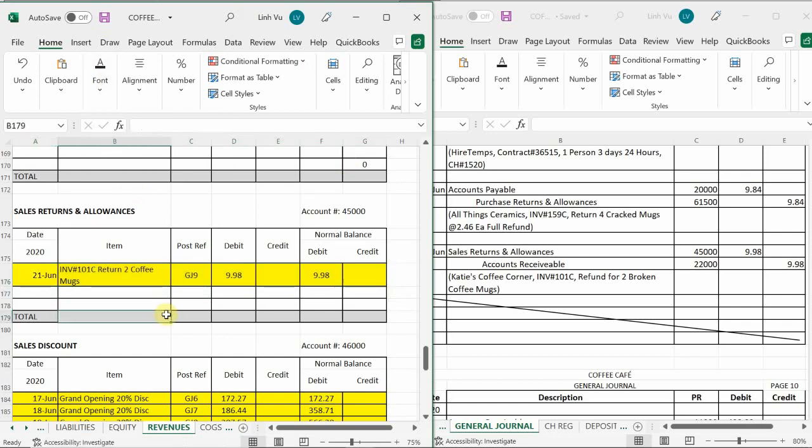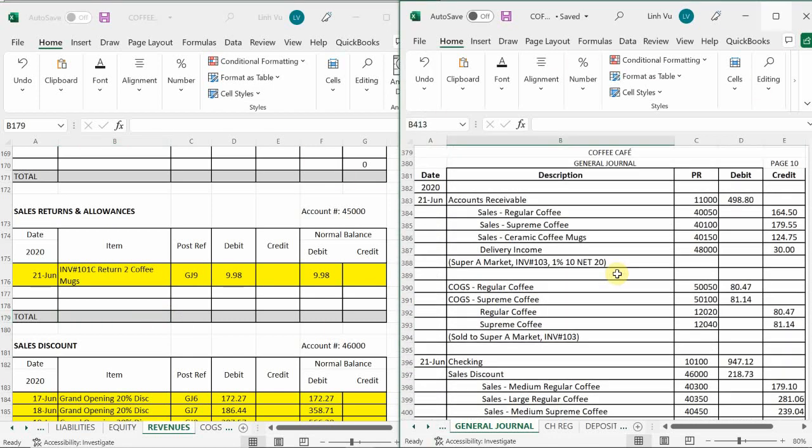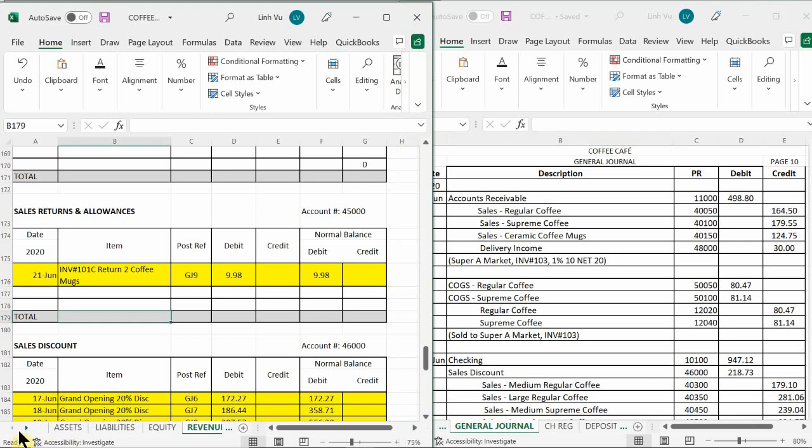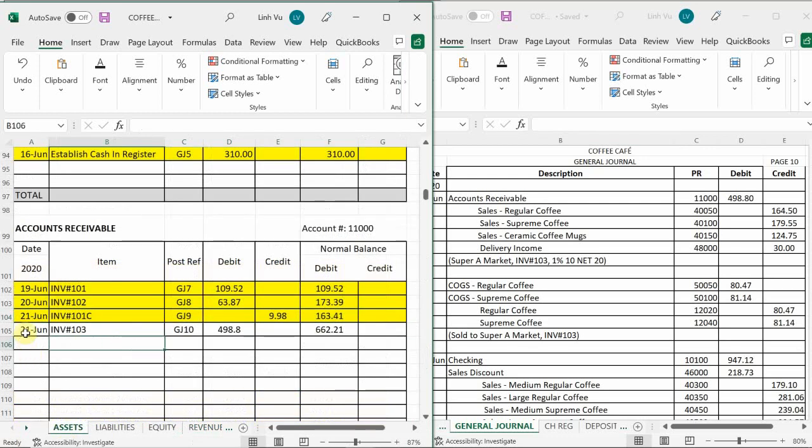Okay. And then last page here on our journal, we did another accounts receivable, sales, and delivery income. So in this case, let's see. We did another accounts receivable, yes, for $498.